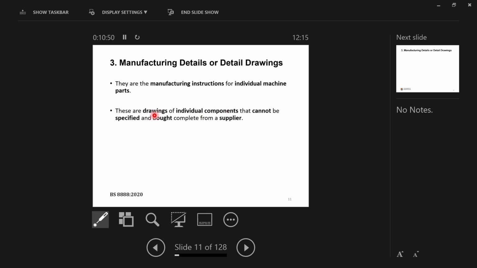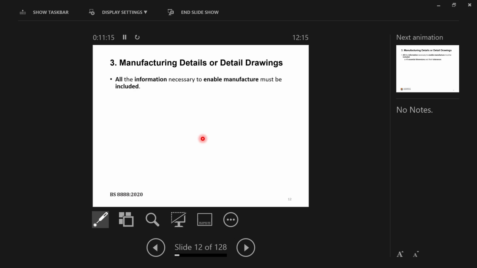So these drawings are for individual components. When we say manufacturing details or detailed drawings, we're talking about a single component each. And we just manufacture those components if they are not available to be bought from a specific supplier.